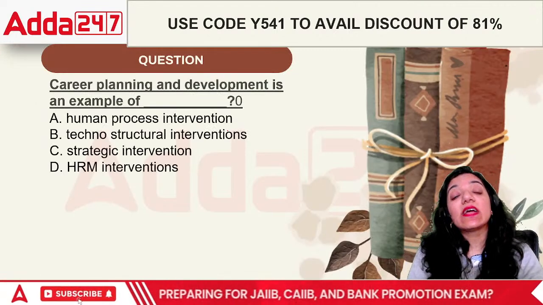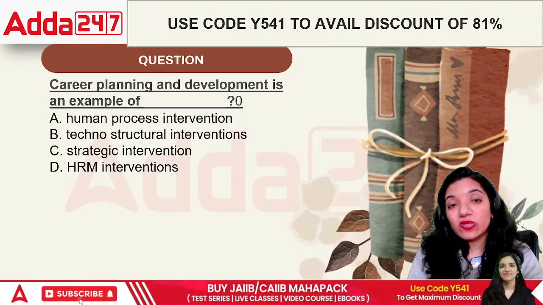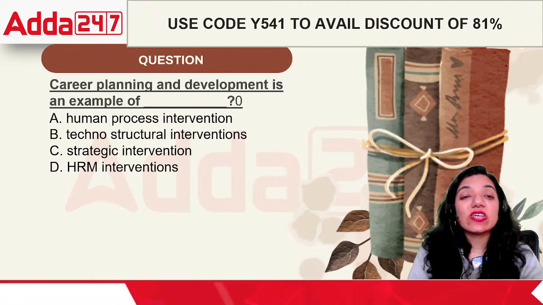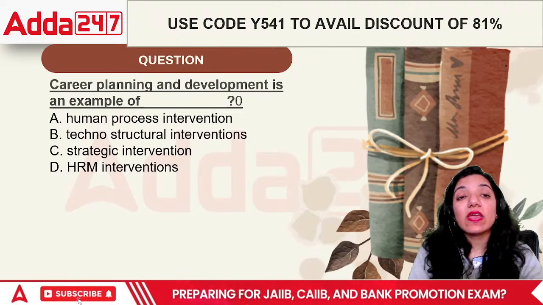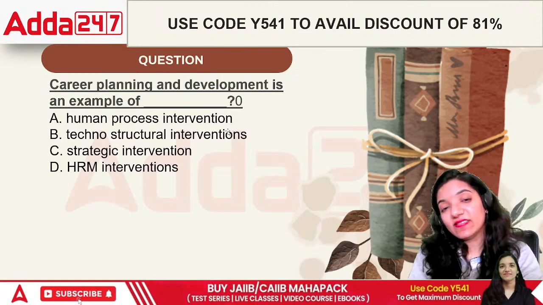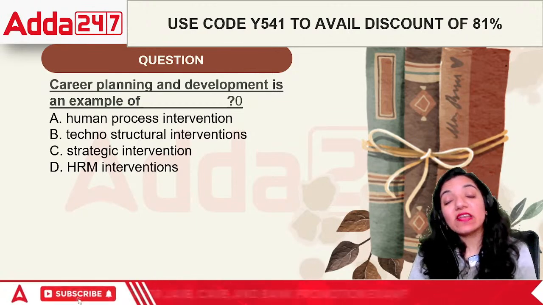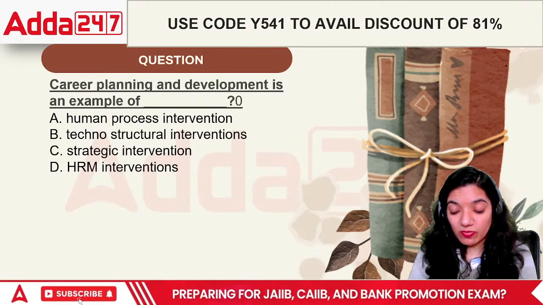Next point, career planning and development is an example of human process intervention, techno-structural intervention, strategic intervention, or HRM intervention. Career planning is a long term development in terms of your working.